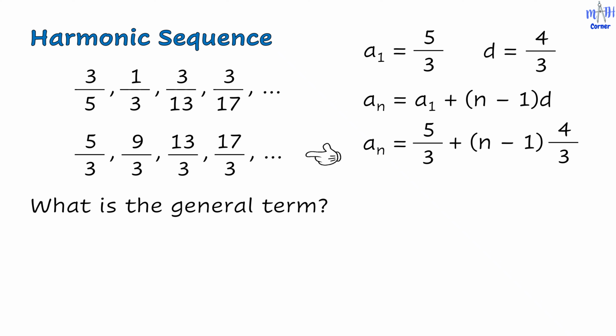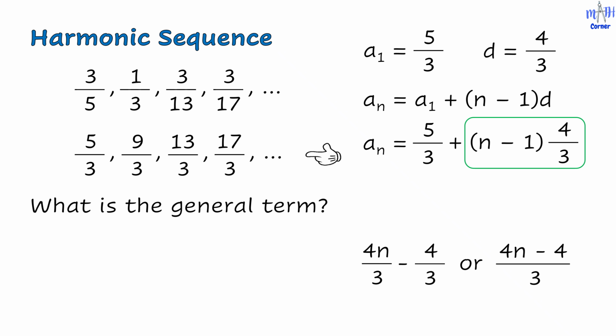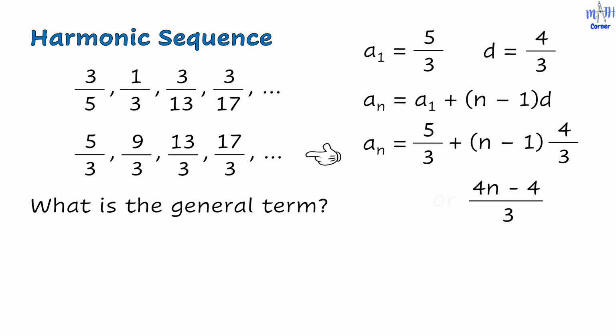Let's simplify. Quantity n minus 1 times 4 over 3 is equal to 4n over 3 minus 4 over 3. Or simply, 4n minus 4 over 3. So now we have a sub n equals 5 over 3 plus 4n minus 4 over 3.